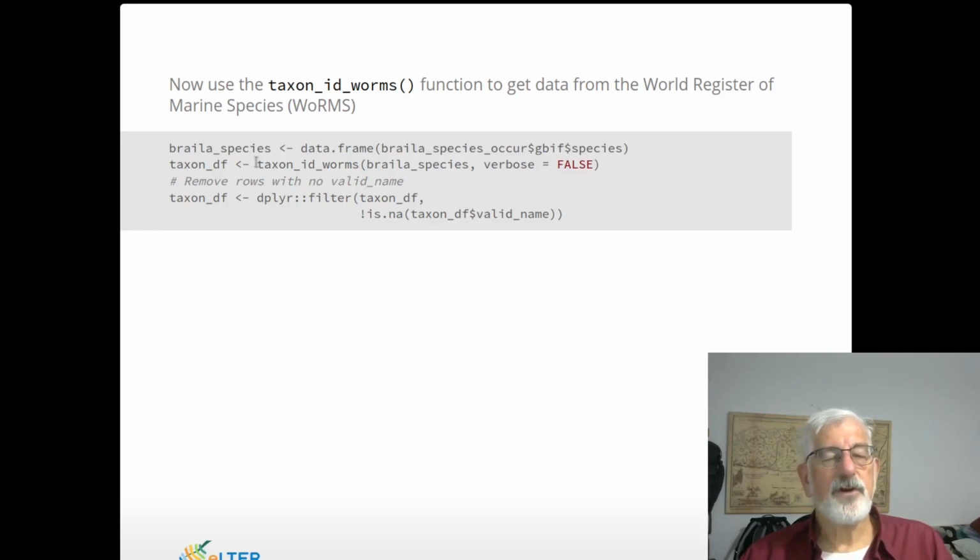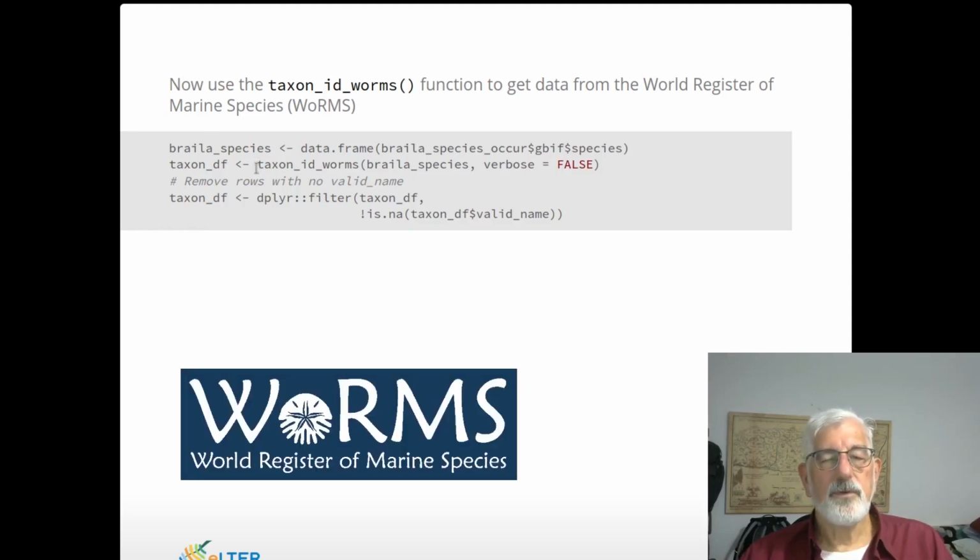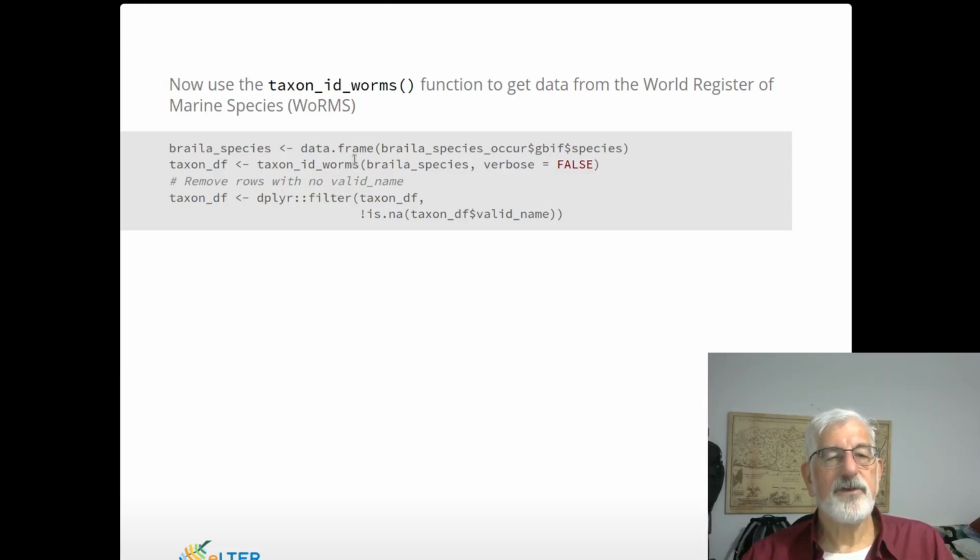We have a function called taxon ID worms, which retrieves data about species from the World Registry of Marine Species. We call that function by passing it a data frame of species names.